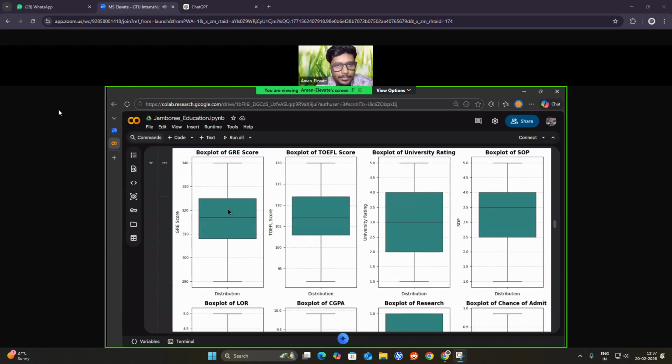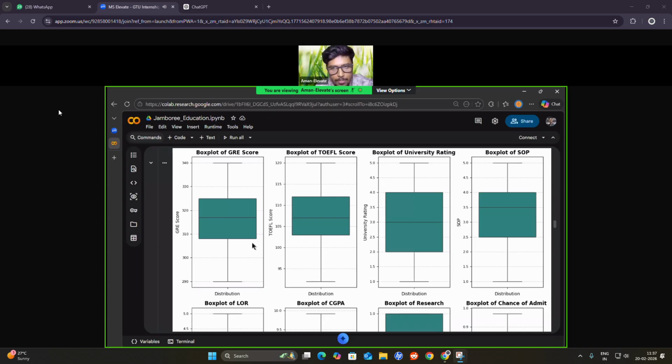See, guys, this is your box plot. So this is your Q1, Q2, Q3. Vice versa. Q1, Q2, Q3, and above Q3 plus 1.5 IQR is the upper bound.